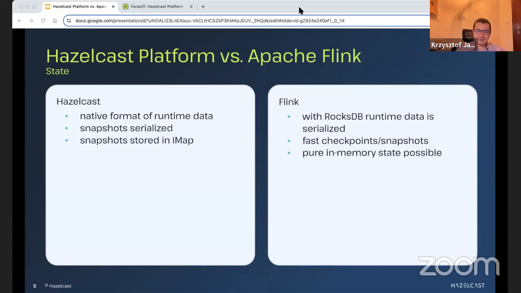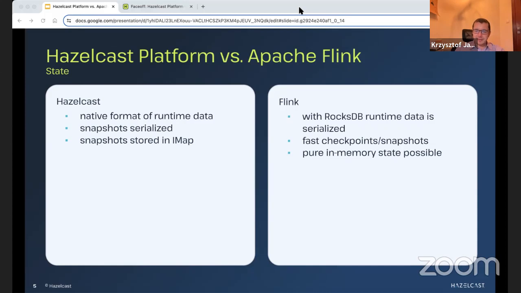So again, we're using the data structure Hazelcast already has, which is very performant, replicated, fault tolerant, and very well tested. So we can reuse that. Snapshots are stored in the cluster as well.